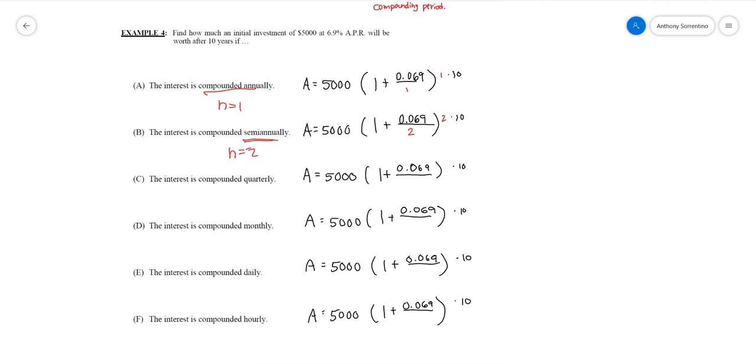That means we take the interest rate, split it into 3 equal parts, and apply it at 3 equal intervals of time. So when I see quarterly and N equals 4, I'm going to take the interest rate, divide it by 4, and apply it 4 times in that 1 year. But I'm going to do that 10 times because there's 10 years. Monthly, N is 12.